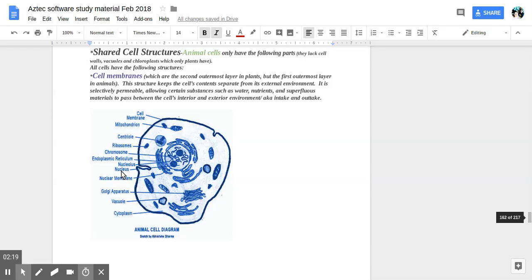Also receiving signals from the external environment of the cell by changing the conformation of certain molecules, which in essence transduce signals between the external and interior environment.